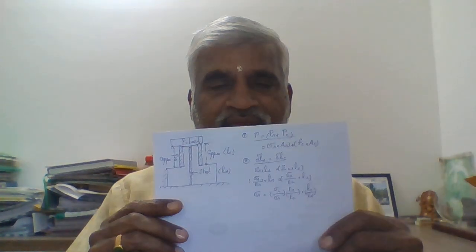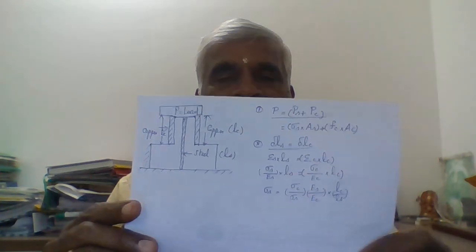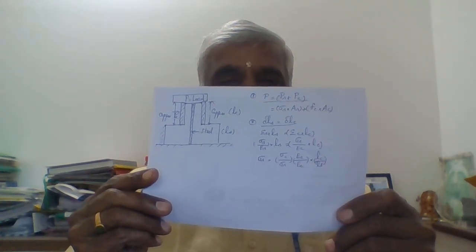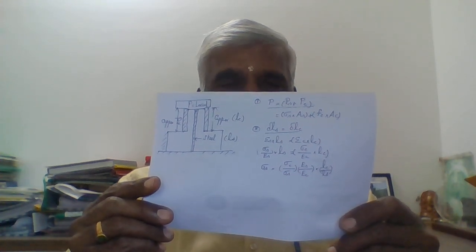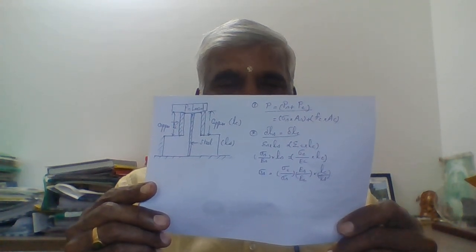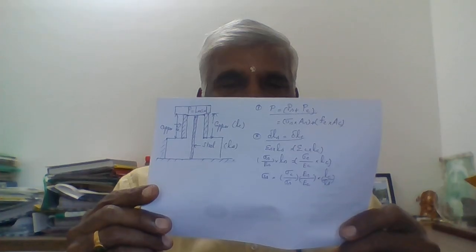For example, I have taken a bar of composite section like this. You can see that the load applied is capital P, and the corresponding lengths of the steel and copper bars, as shown in the diagram, are LS and LC. I have introduced two copper bars and one steel bar.